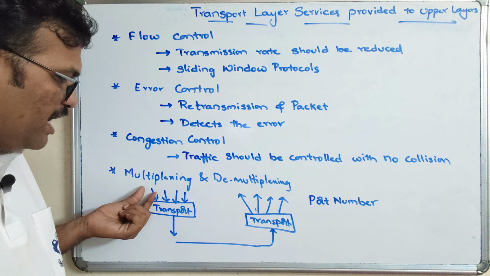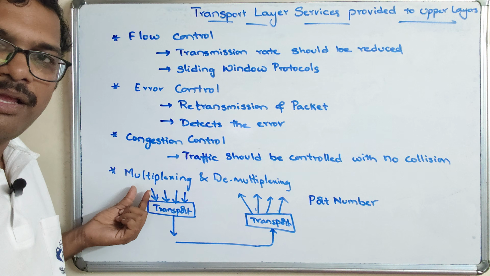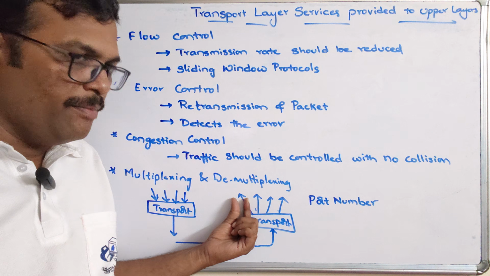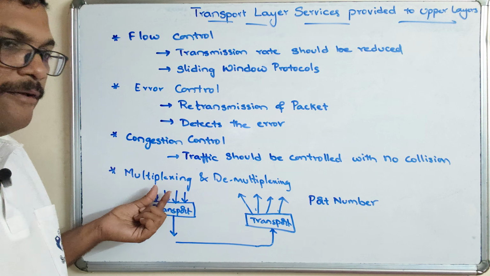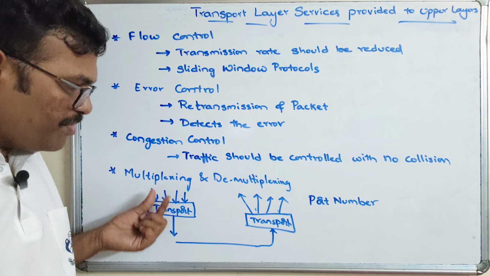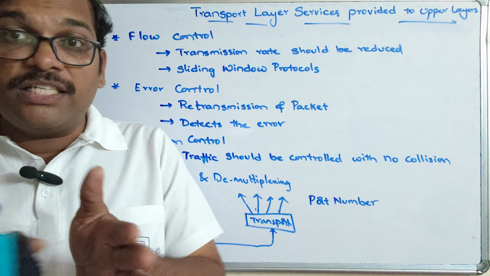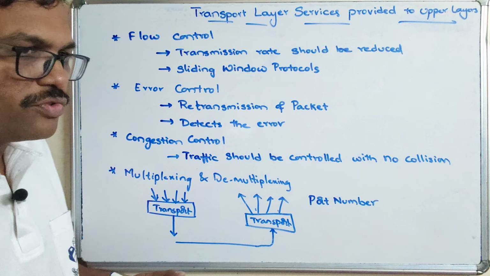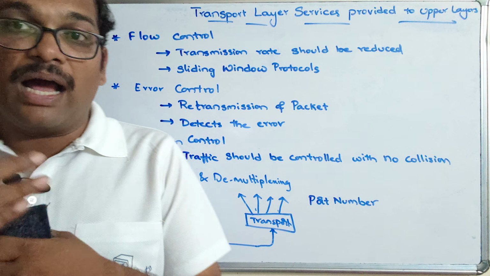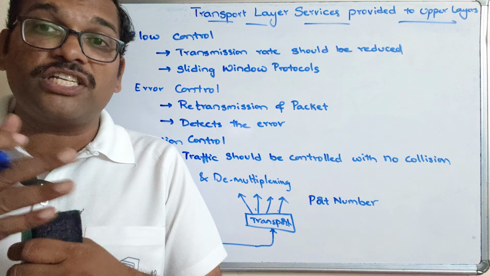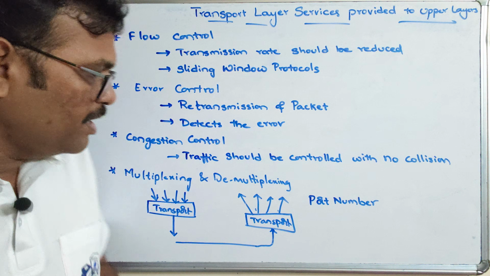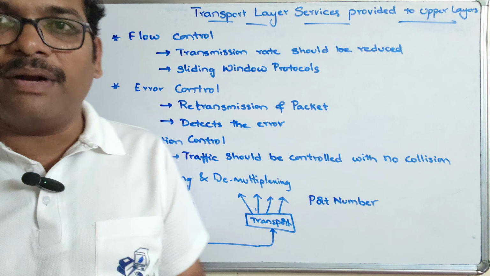When we are using email, whatever data we are emailing should be received by the email application only. Similarly, if we are sharing a file, that file will be shared with the receiver itself. This is similar to application to application, that means process to process delivery. So this is multiplexing and demultiplexing.